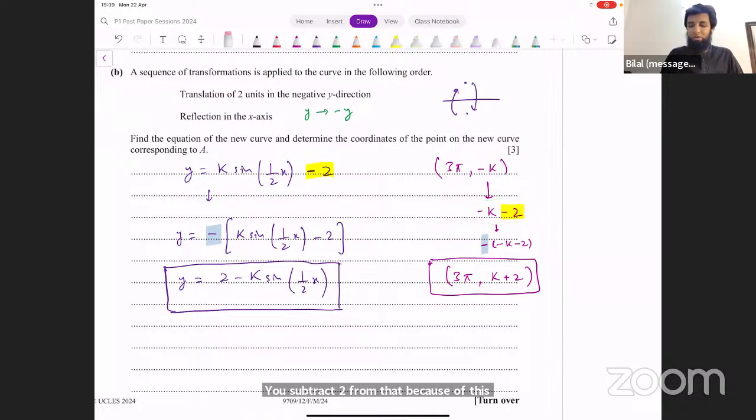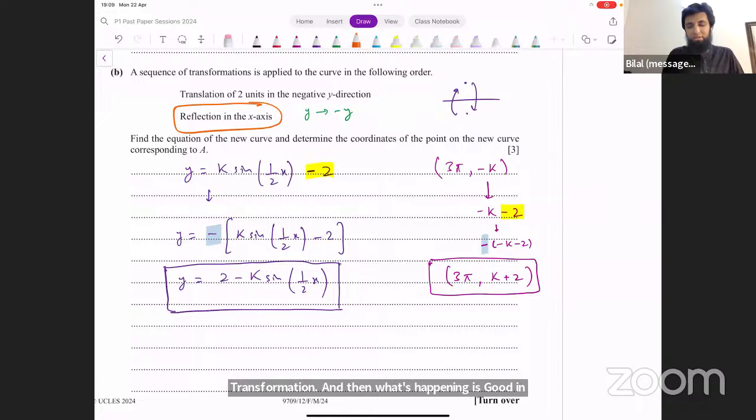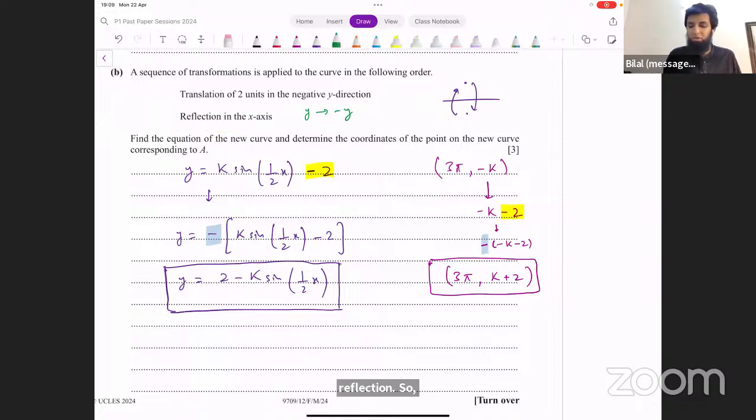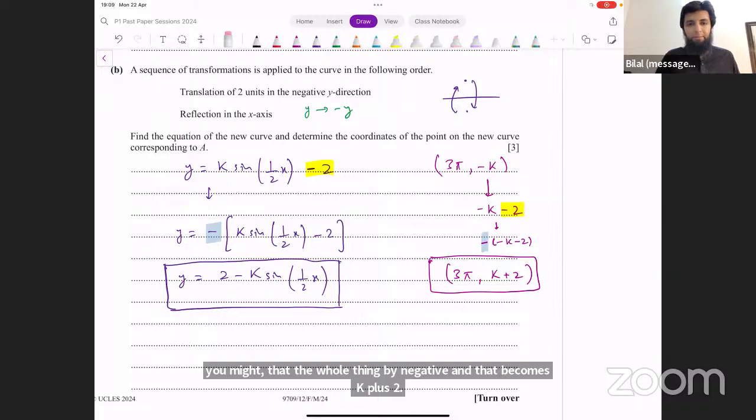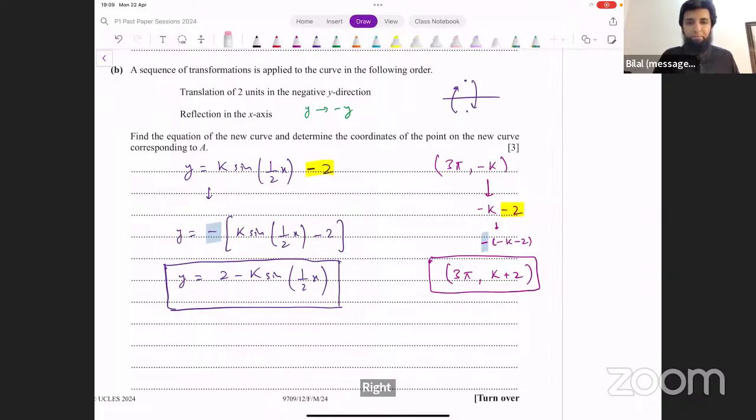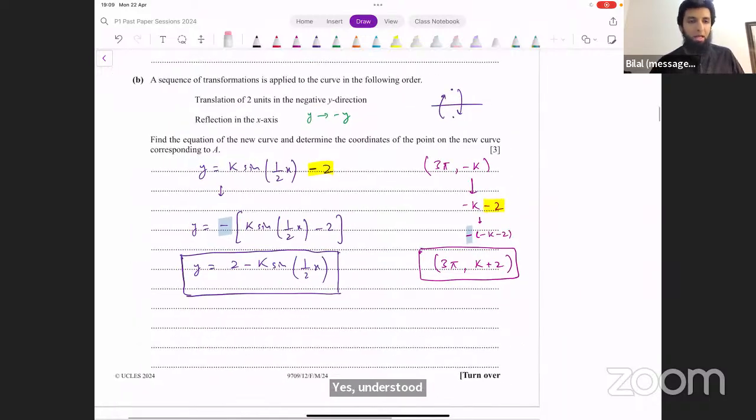Then you're doing reflection in the x-axis. Since reflection in the x-axis is a vertical reflection, the whole thing gets multiplied by a negative sign, and that becomes k plus 2. Right? Yes, understood. Okay, good.